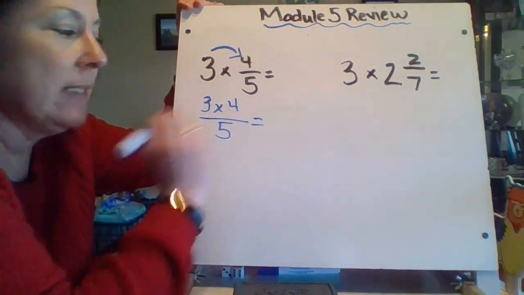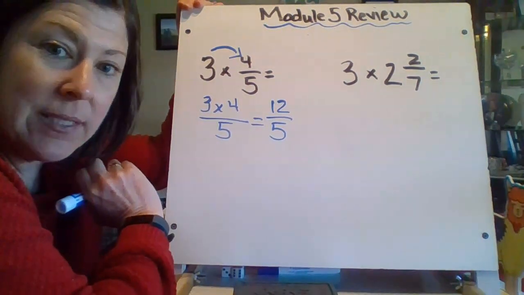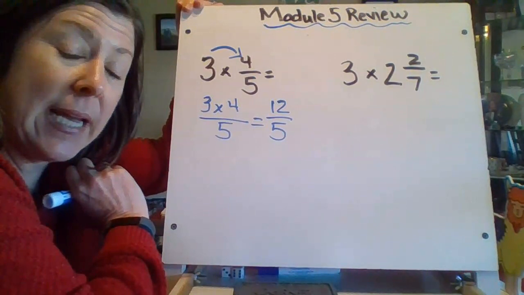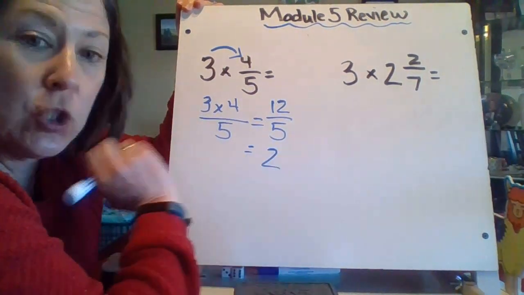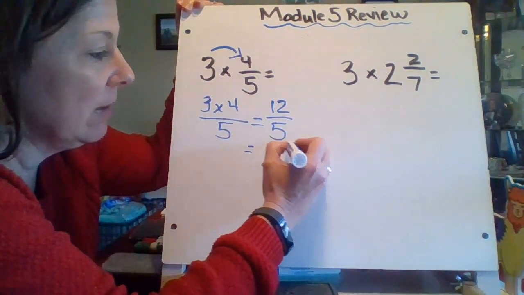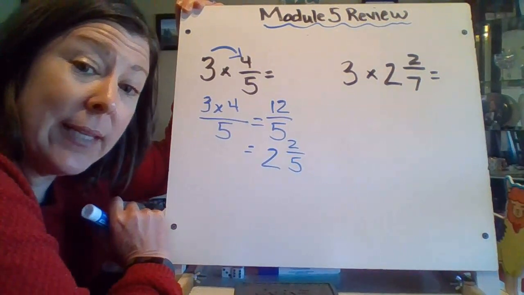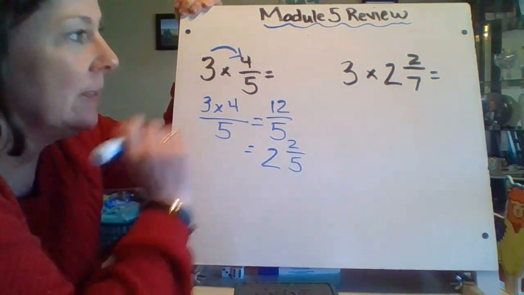And my answer is 12/5. That's improper. How many groups of 5 can I get from 12? I can get 2 with the remainder of 2. So my final answer is 2 and 2/5.